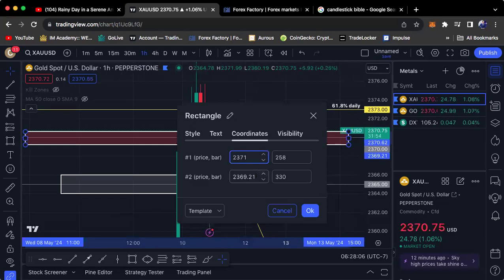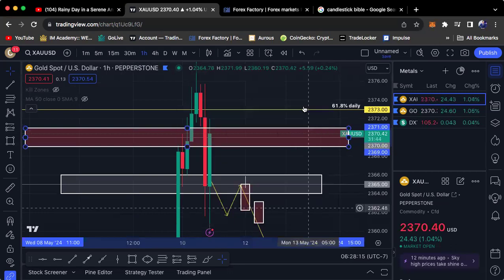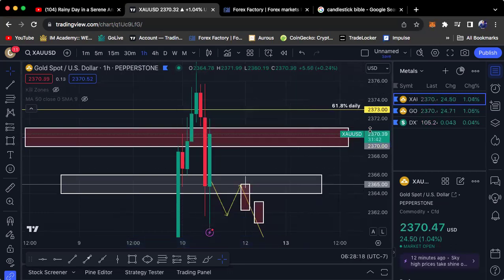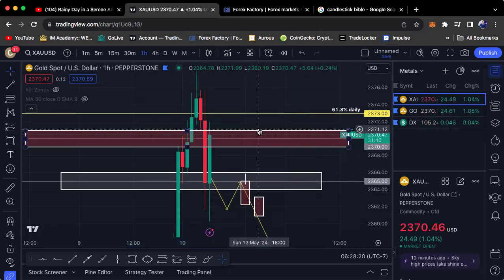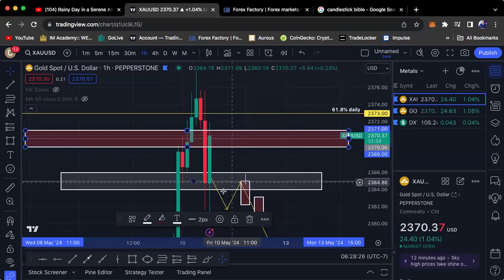171. And the width of my rectangles are 20 pips apart. $1 on gold equals 10 pips. For those that are trading gold, $1 equals 10 pips. So every time price fluctuates, it's fluctuating by 10 pips.